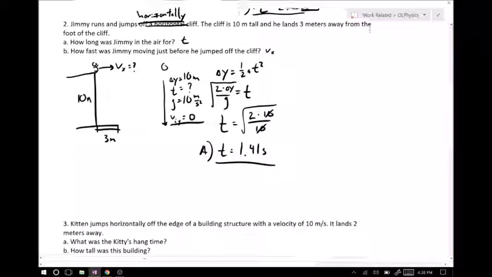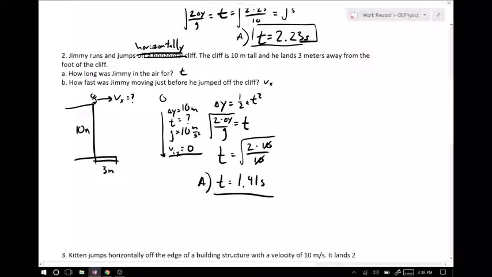And then how fast was he moving? Well, again, we know that velocity equals the horizontal displacement over time. And we know the horizontal displacement was 3 meters. So we have 3 meters over 1.41 seconds. And if we solve for that, we get 2.13 meters per second.